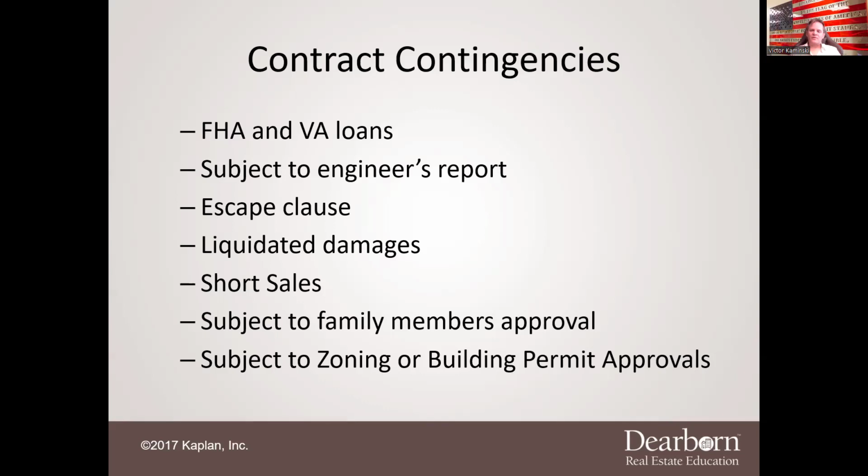Now, if the seller does accept that offer, contingent on the sale of the buyer's current home, we could have the seller add an escape clause, also known as a kick-out or knockout clause, into the contract that says, okay, we're going to accept your offer. However, we're going to continue marketing the property.